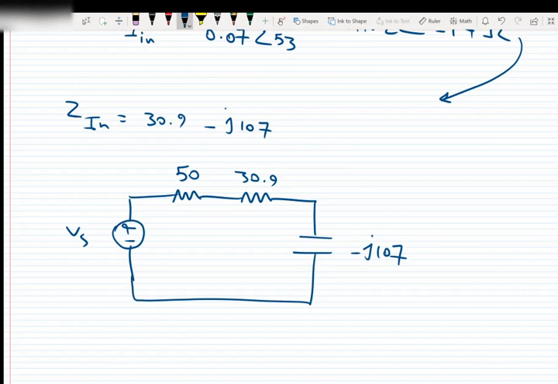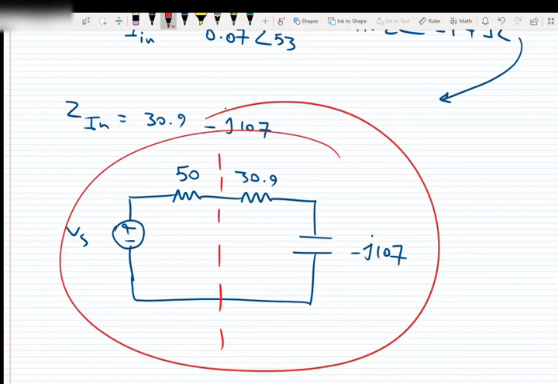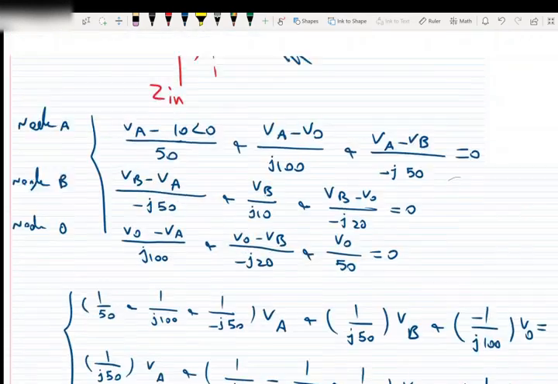So this one is the equivalent circuit for this circuit.